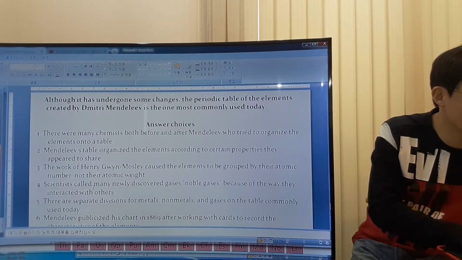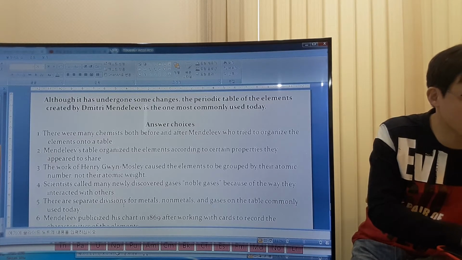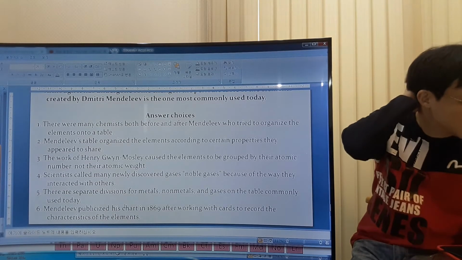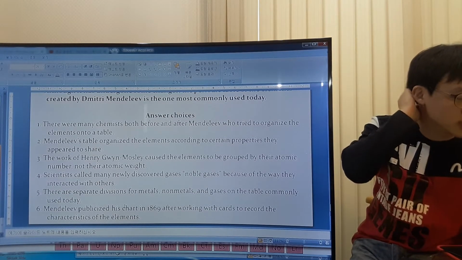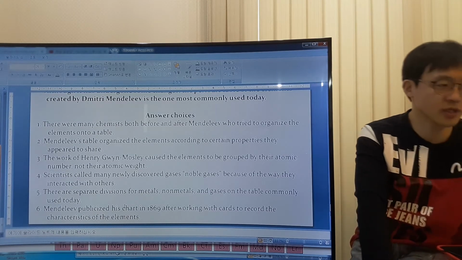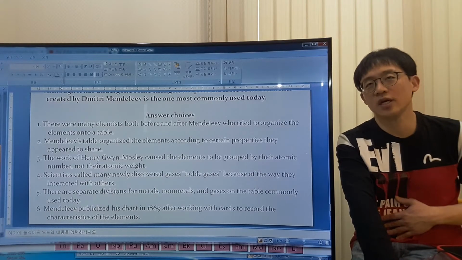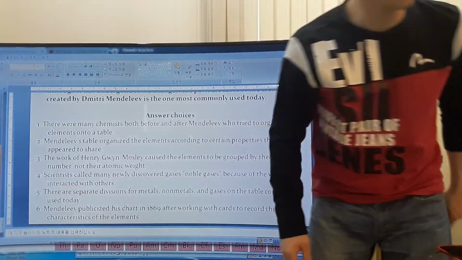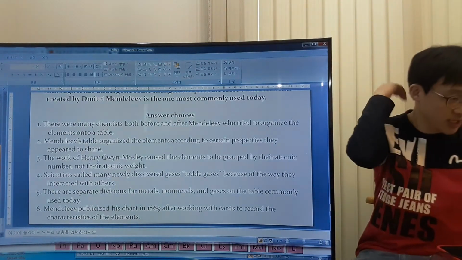The work of Henry Moseley caused the elements to be grouped by their atomic number, not their atomic weight. This is right? So scientists called many newly discovered gases noble gases because of the way they interacted with others. What does interact mean? Inter has the meaning of between. So act between, act in relation to others.